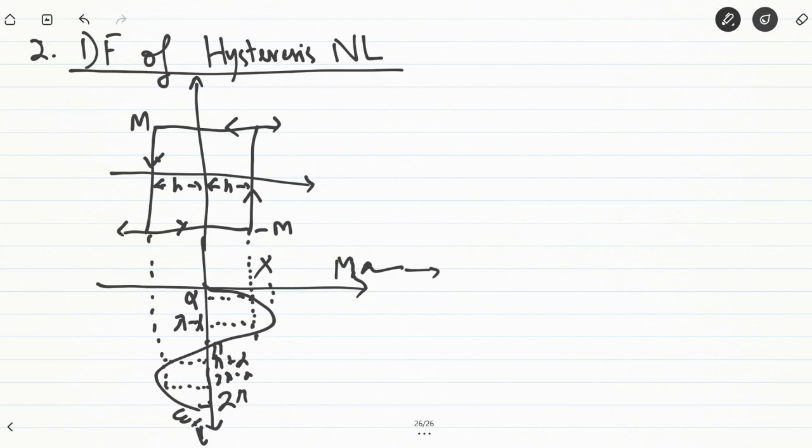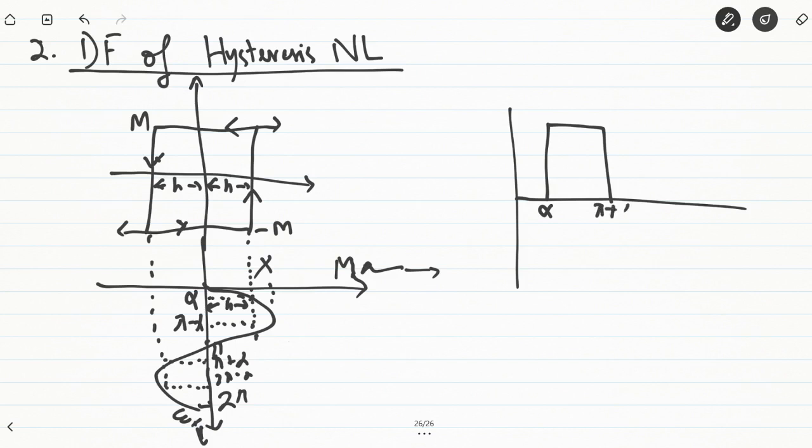Corresponding to the bandwidth of h, alpha is equal to sine inverse of h by X. When you map these two, you get this type of output from alpha to pi plus alpha, and then from pi plus alpha to 2 pi plus alpha. So this is your output waveform.